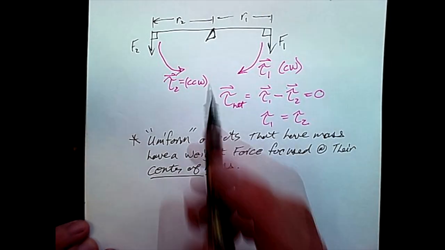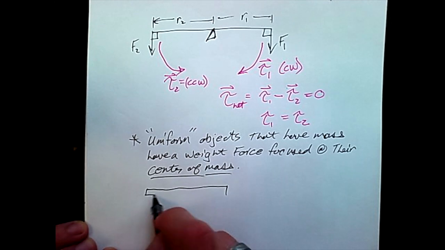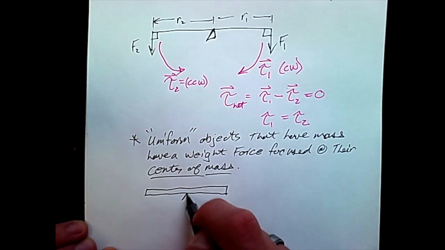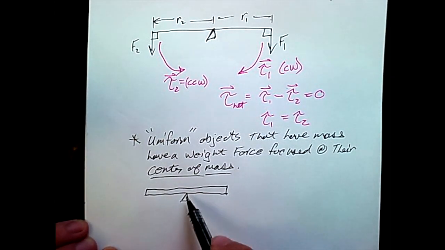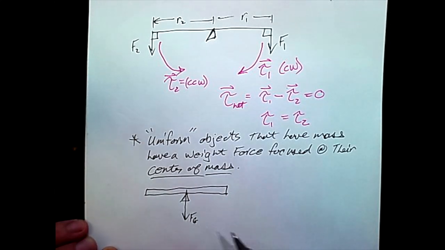But the example here with the teeter-totter is very simple to think about. If we had no attached forces, but the bar itself had weight, if the fulcrum was in the middle, then that weight force that acts here, F of G, creates no torque because the lever arm, the distance from the radius center to the force, is 0.